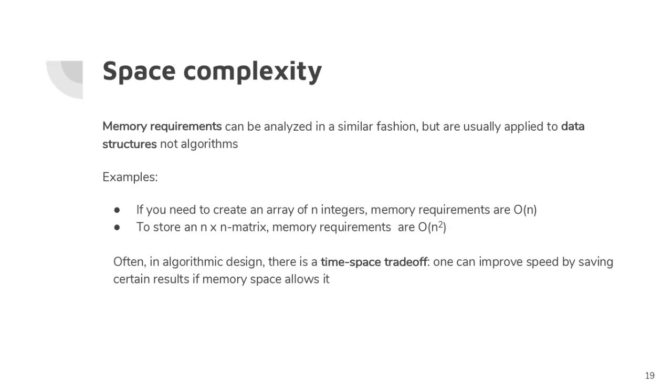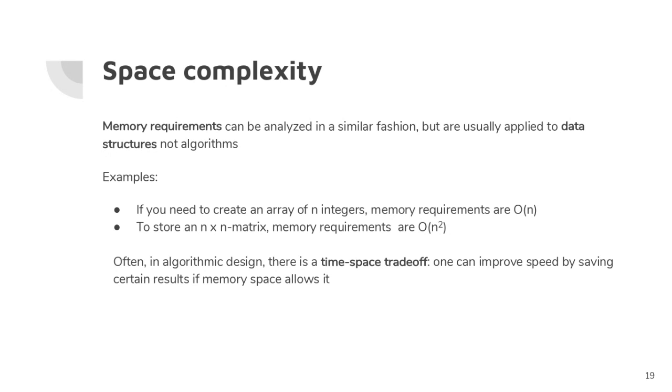For example, if you want to create an array of n integers, you require n elements in memory. And if you have a square matrix of n by n, you require n squared registers in memory.